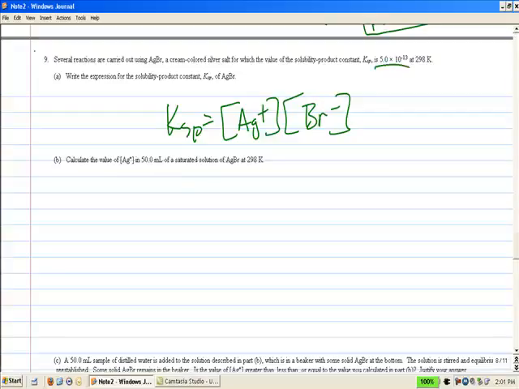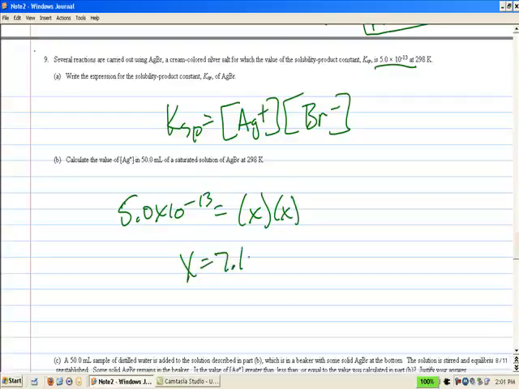So we know Ksp is 5.0 times 10 to the minus 13th, which is going to equal x times x. So basically we're just taking the square root of 5 times 10 to the minus 13th, and I get x equal to 7.1 times 10 to the minus 7th. And that's going to equal the concentration of Ag plus.